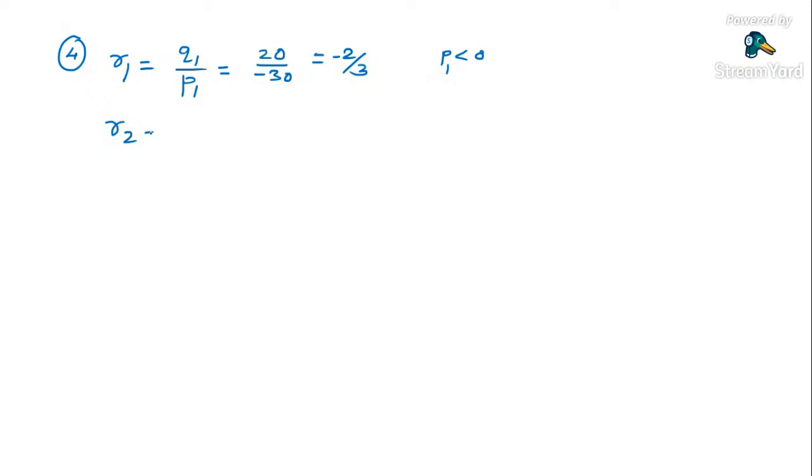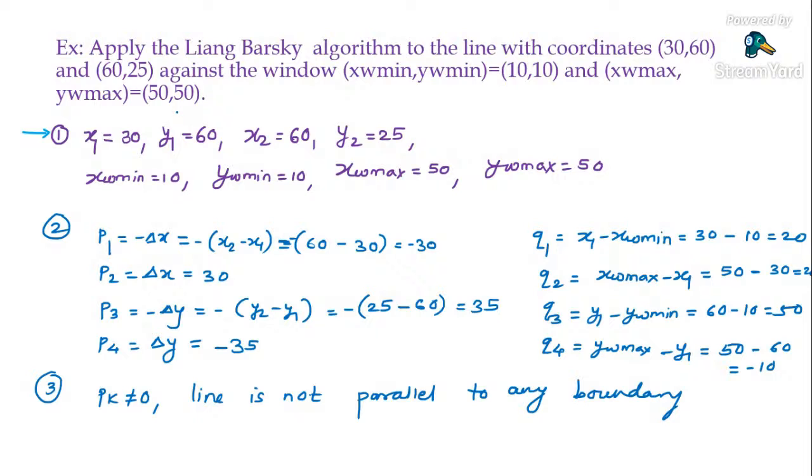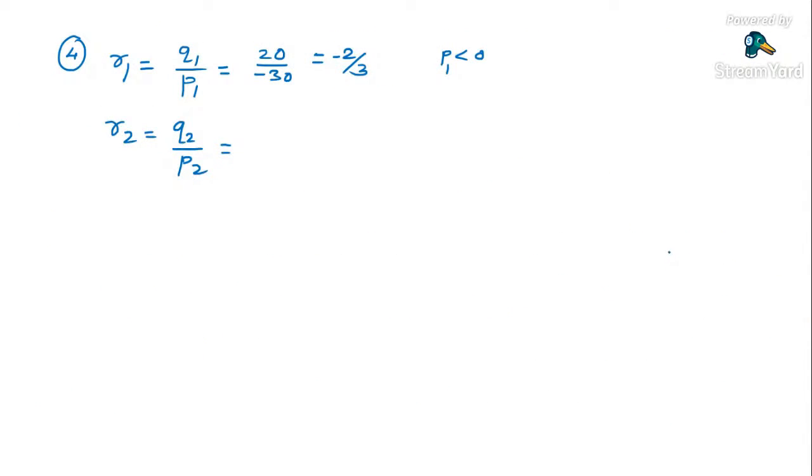Then find out r2, that is nothing but q2 upon p2. q2 is xw max minus x1, which is 20, divided by p2. p2 is 30.